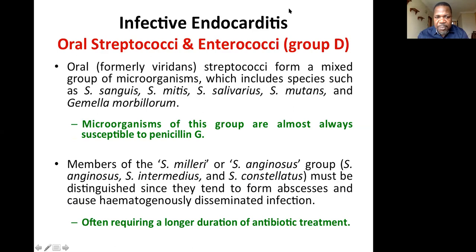The reason they should be differentiated is management, because often they will require a long duration of antibiotic therapy, and you need also to find out if there is an abscess somewhere that needs to be drained.